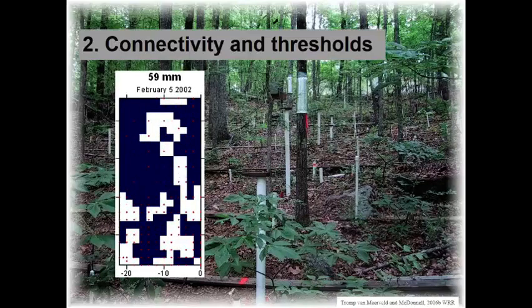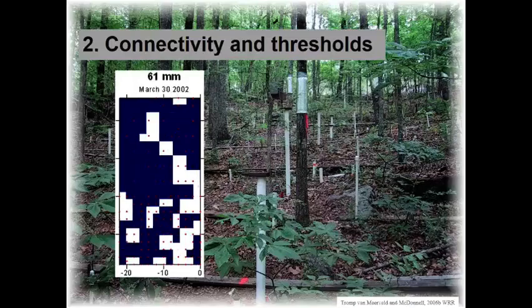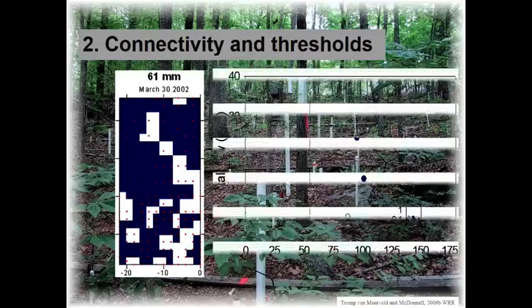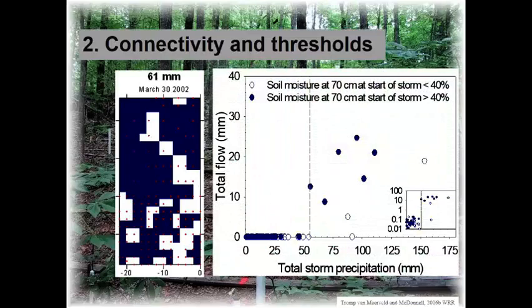Here's an event now, we're getting up to 60 millimeters or so, and we have connectivity across the slope. Remember, the base of the slope is shown here at the bottom. Here's a bigger event. And the upshot of this is that if we look at storm rainfall, we need about 50 or 60 millimeters to turn on this hill slope, because the y-axis is the flow from this hill slope.